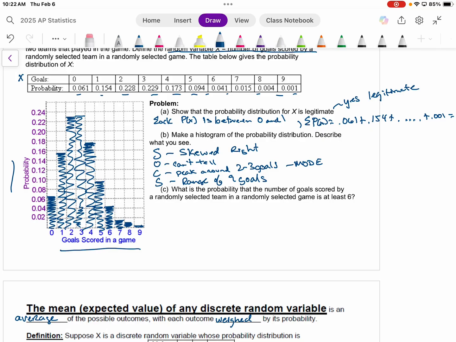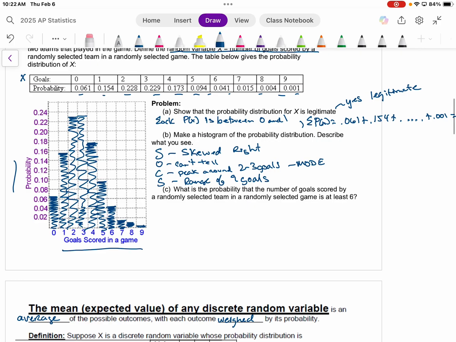Again, we don't have all the information to calculate what the median is. I would say it's probably somewhere, if we add up the first ones, we can see roughly where it is.